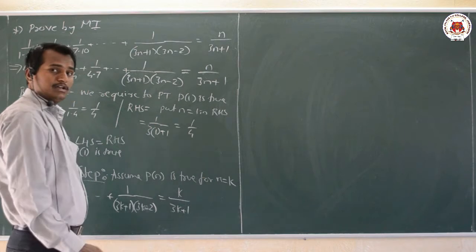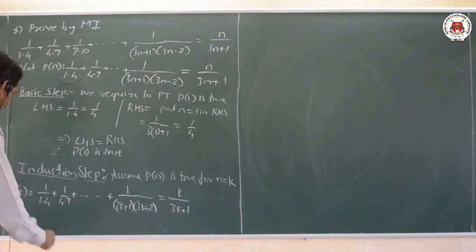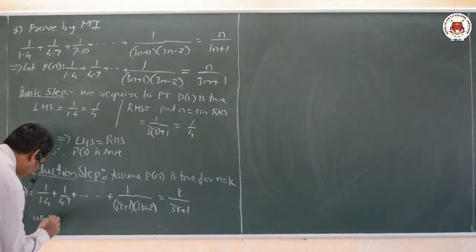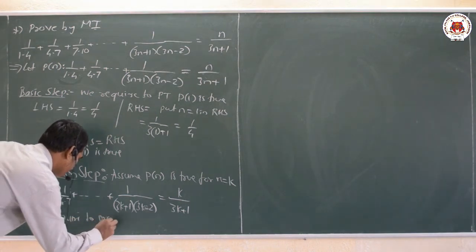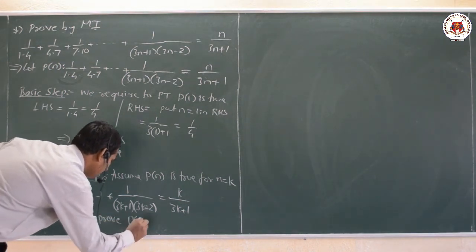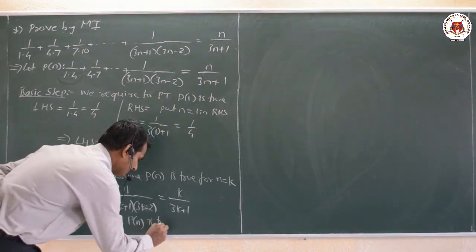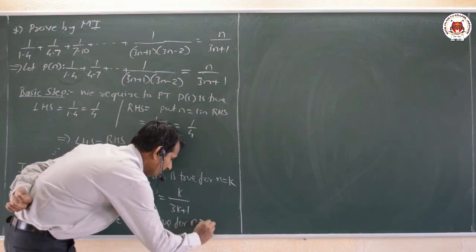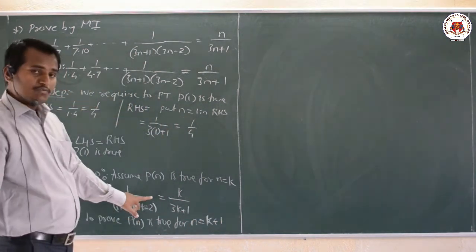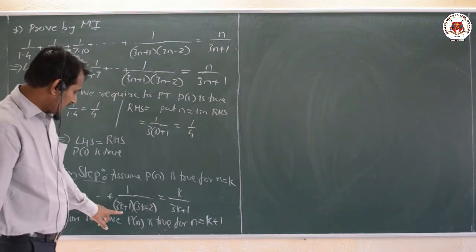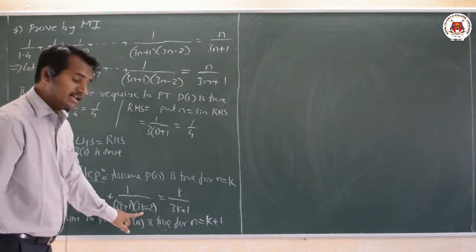Here we require to prove that P of n is true for n equal to k plus 1. So we have to add on both sides, in the place of only this k, k plus 1.